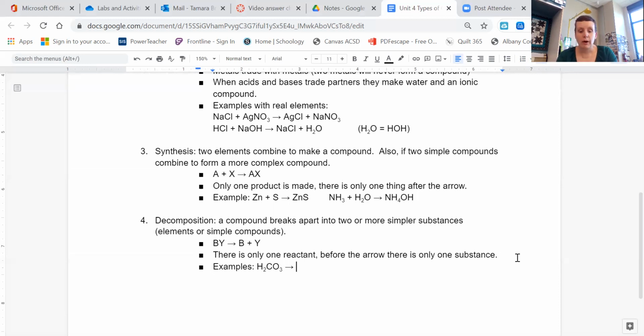It's going to break apart into H2O and CO2. Okay, so we got H2CO3. That's actually called carbonic acid, and that's what's used to carbonate our beverages. So when you open a soda, you start to see bubbles because this carbon dioxide is being released.